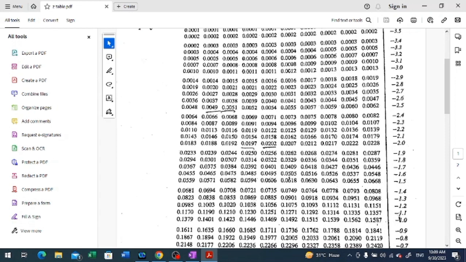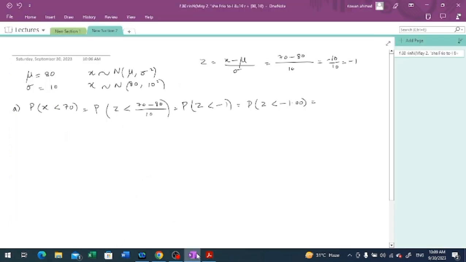This is, you can see. Now the answer is 0.1587, or if we would like to express it in percentage terms, it is 15.87% chance.